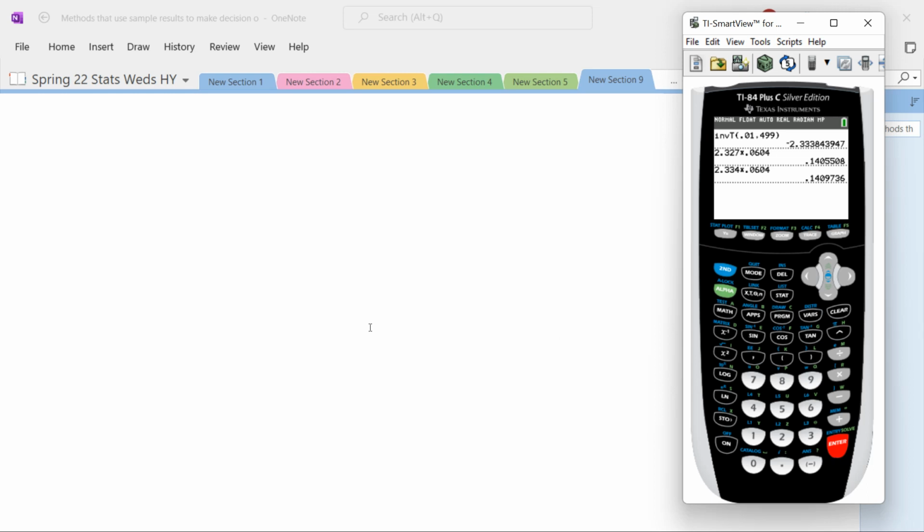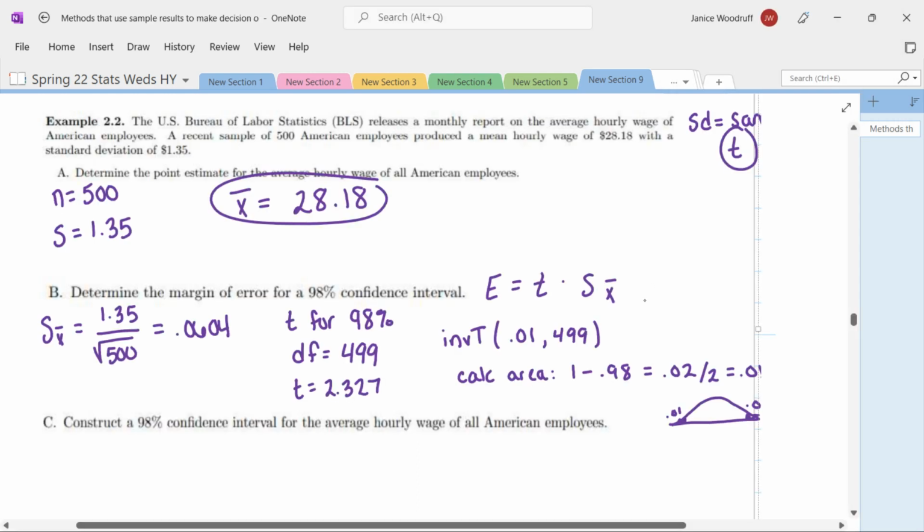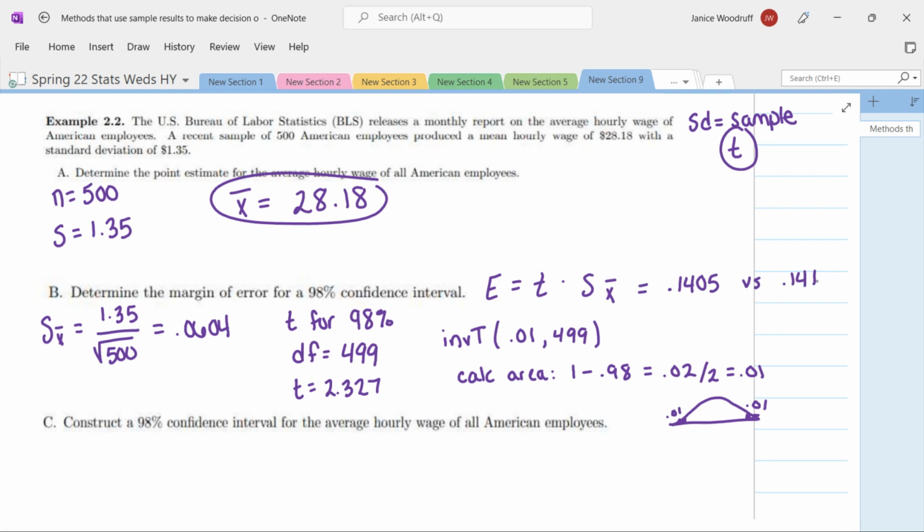Okay. 1.405 versus 1.41. So our margin of error there, okay, it's money, so we really only want 2 decimal places for the answer.